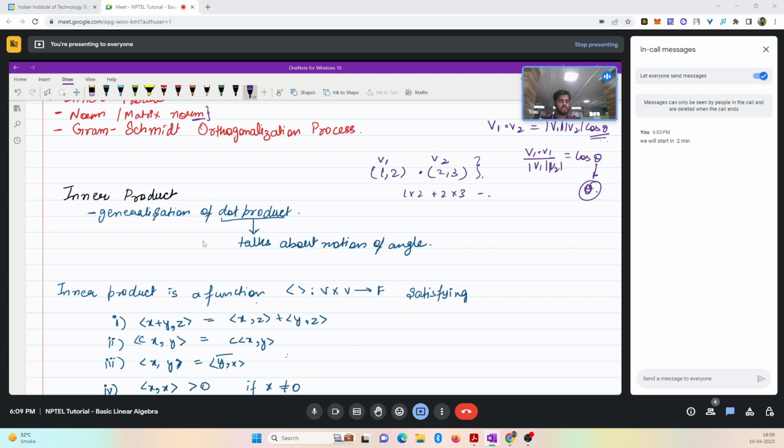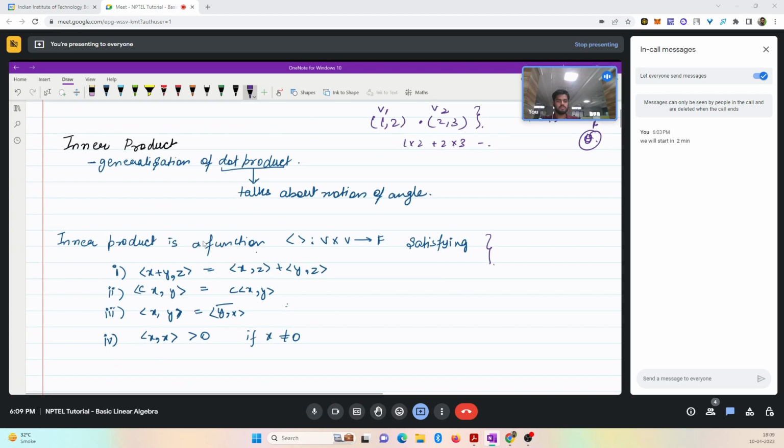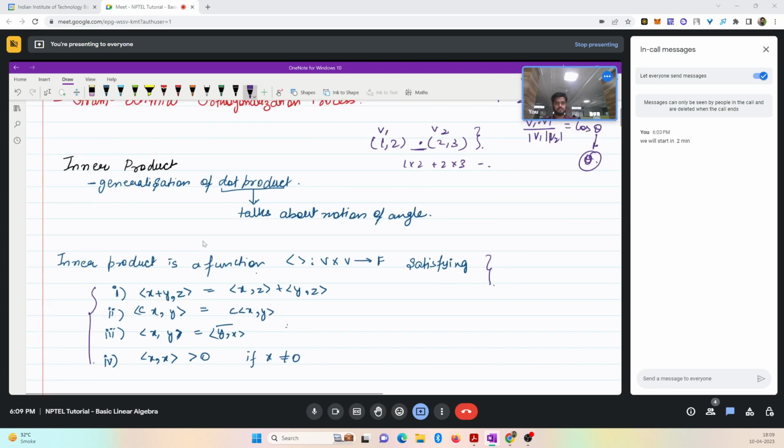Similar thing will happen over here. We know some properties of the dot product and we'll make those properties the definition for any arbitrary thing to be an inner product. So inner product helps you with a notion of angle between two objects.